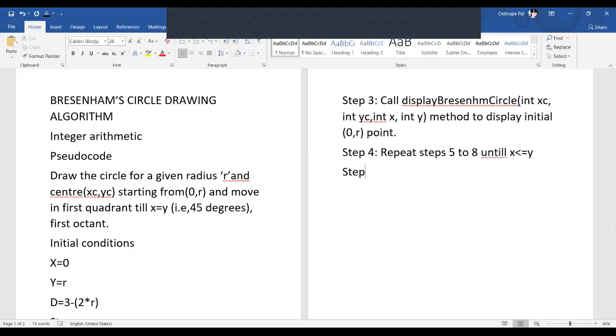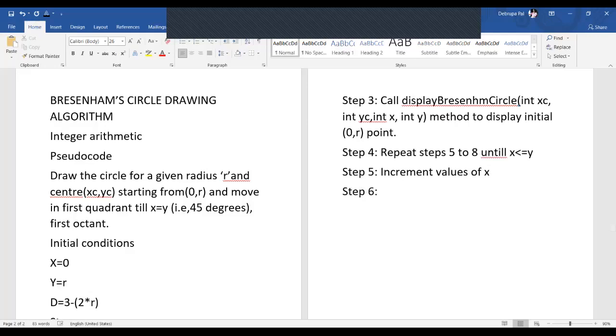Now step 5 says increment values of x. So here the value of x will be incremented.